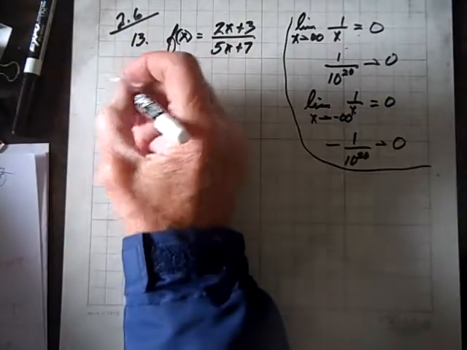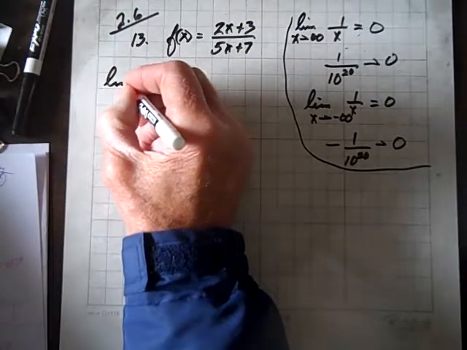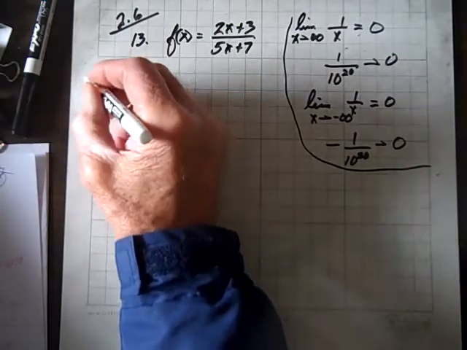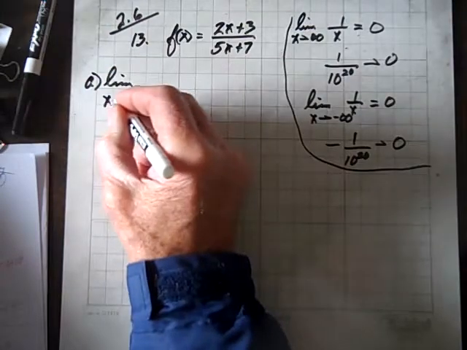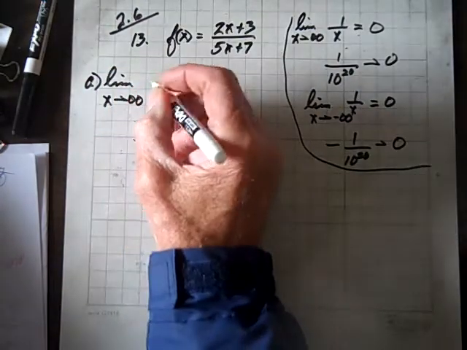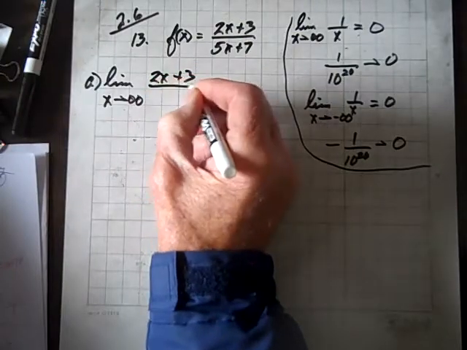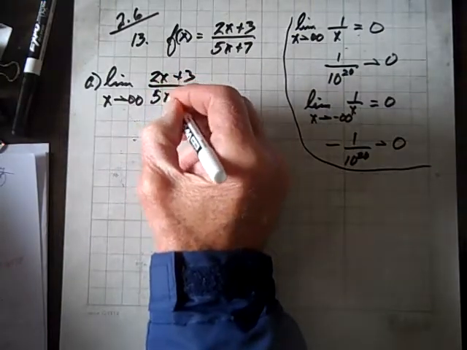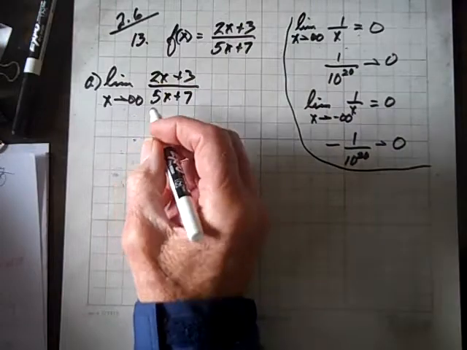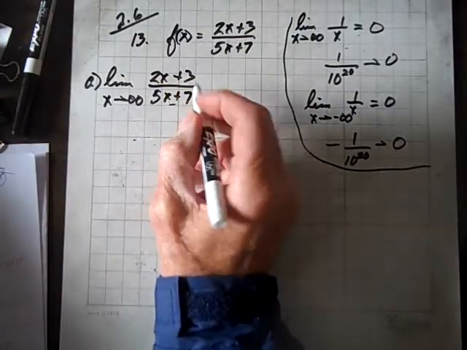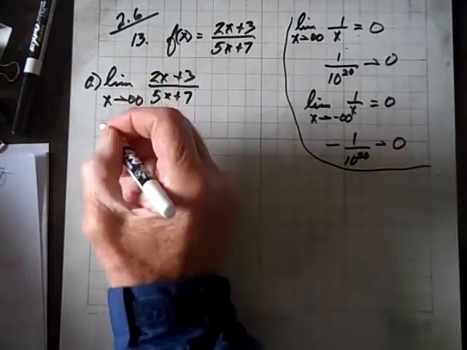So with that concept taken care of, now let's look at this guy. We're going to take the limit as x goes to infinity of 2x plus 3 over 5x plus 7. Now, the degree of this denominator is 1.